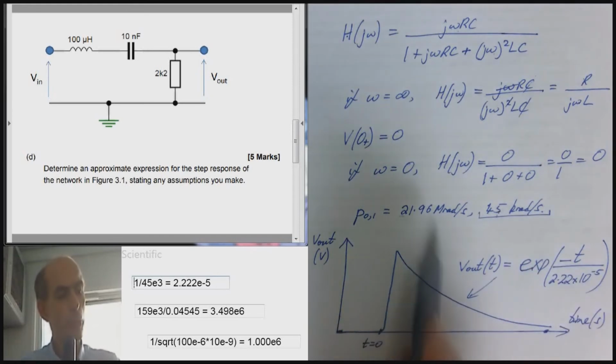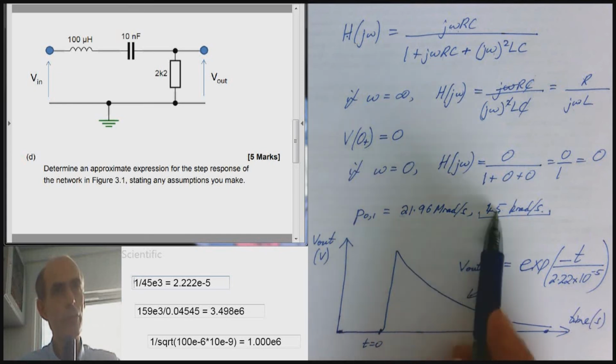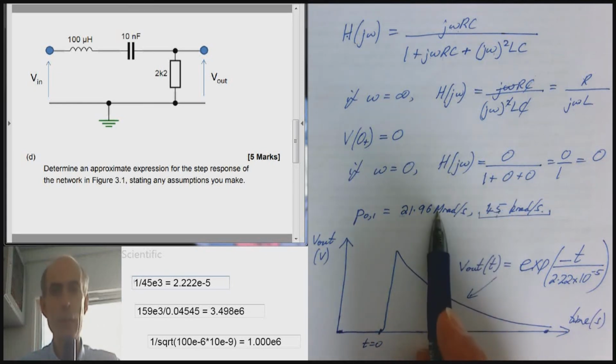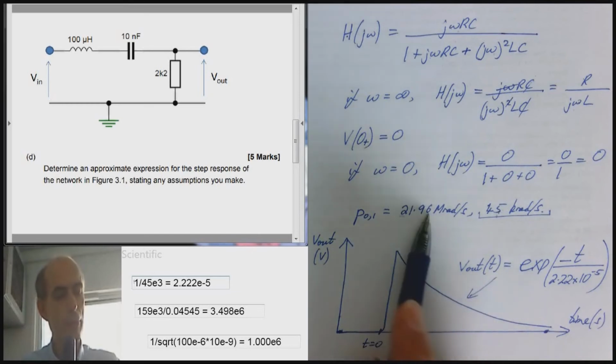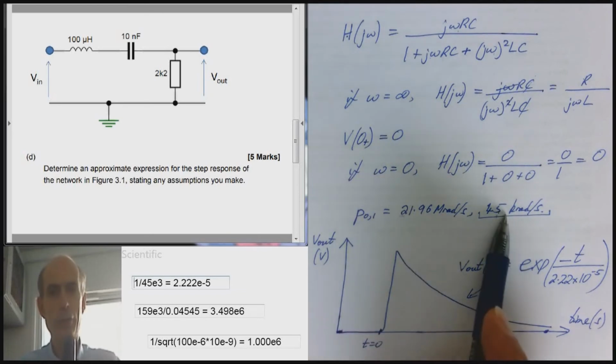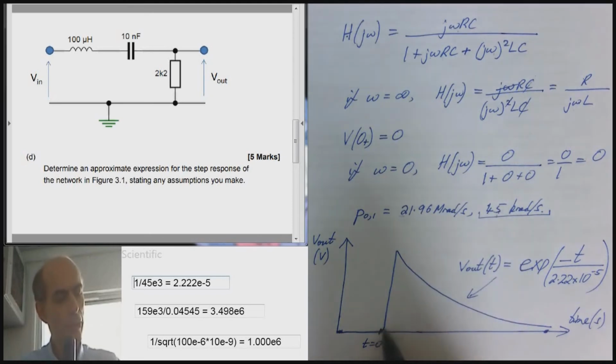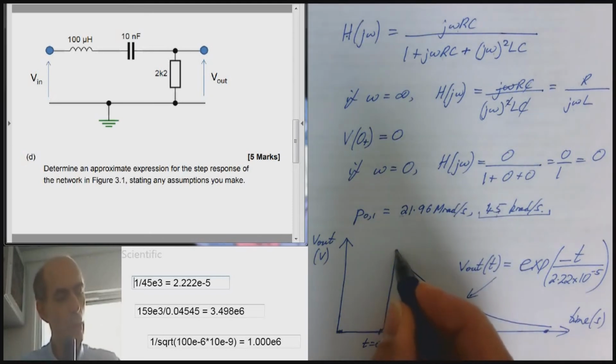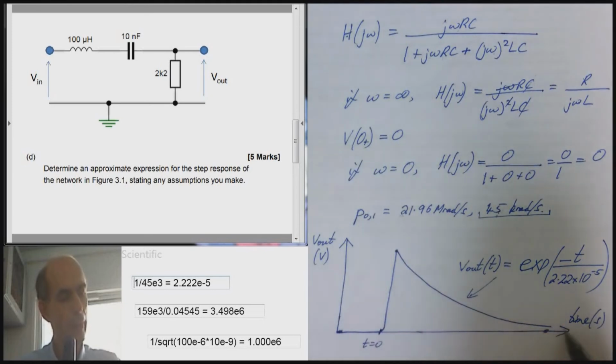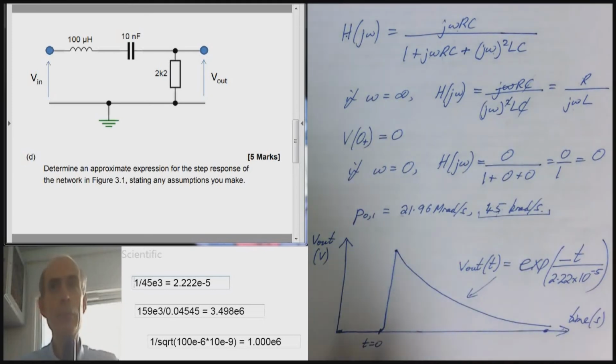And when you've got two poles that are separated so much in frequency, it's a good approximation to say, well, anything that happens that fast will be over so soon you'll never see it. I will only consider the effects of this pole here. Start at 0, head up to about 1, and then all the way down like that. And that would do 5 marks.